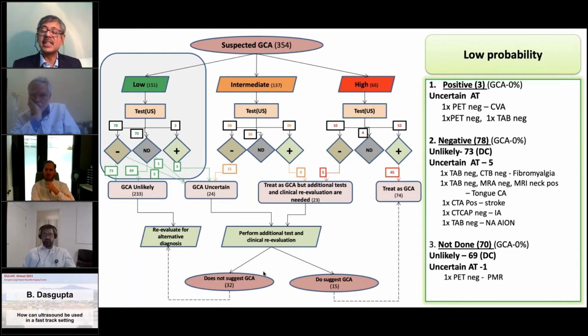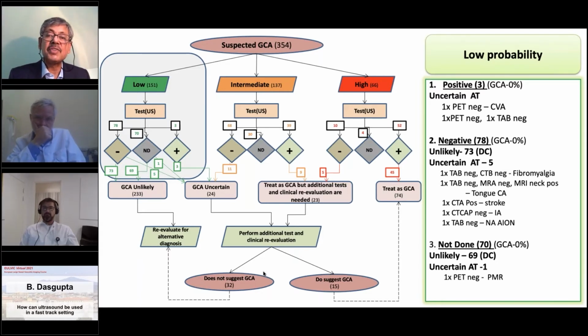And these additional tests may be temporal artery biopsy, other forms of imaging. PET CT is more difficult if you've got high dose steroids on board. And these additional tests may actually be looking for an alternative diagnosis as well. So you treat as GCA, but you do additional tests.